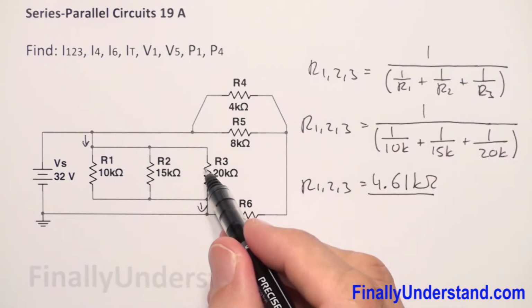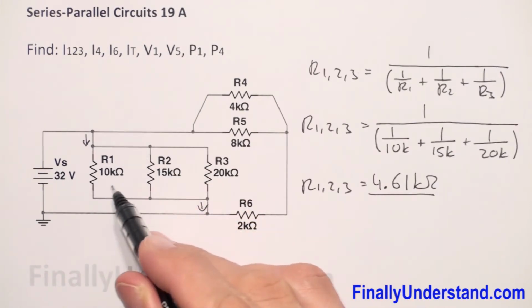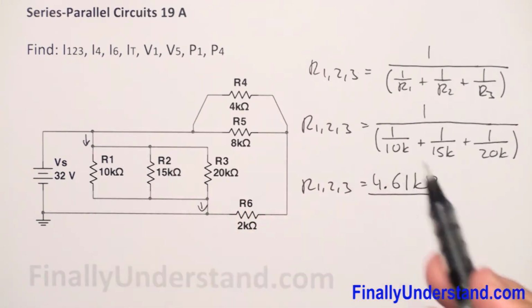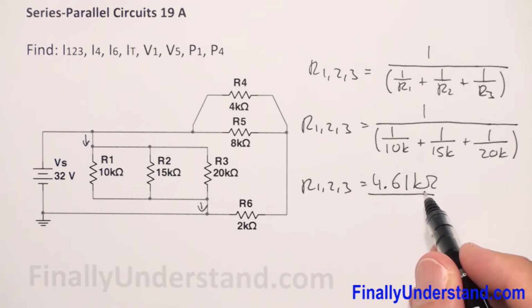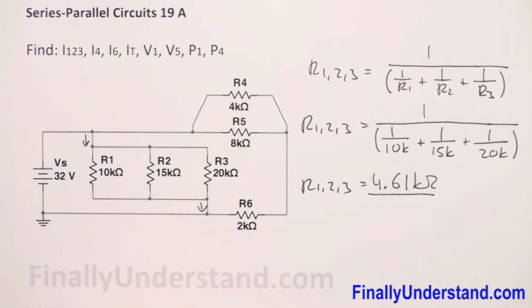So the equivalent resistance for these three resistors is equal to 4.61 kiloohms. We can redraw the circuit, and my circuit right now is going to look like this.